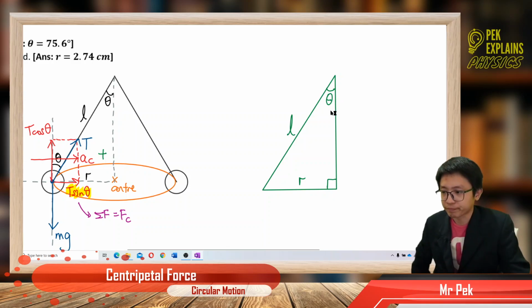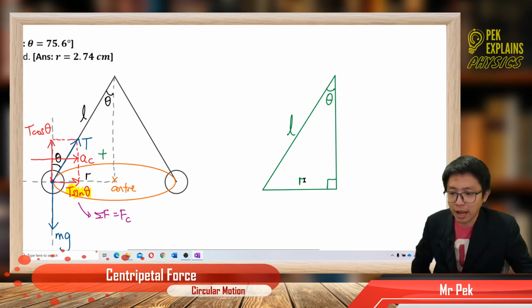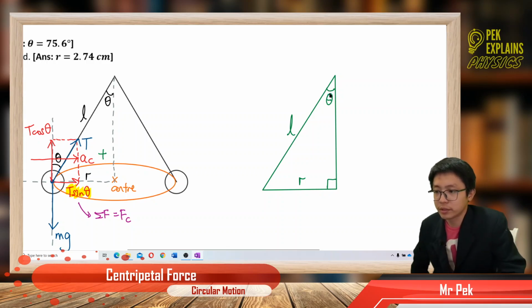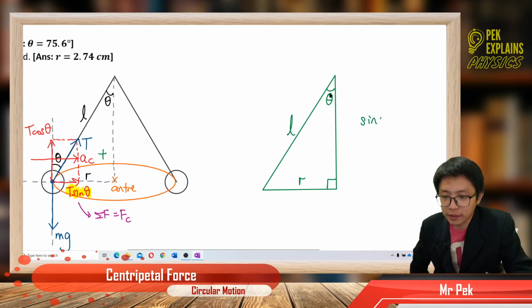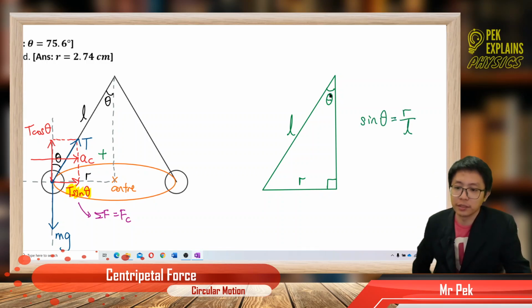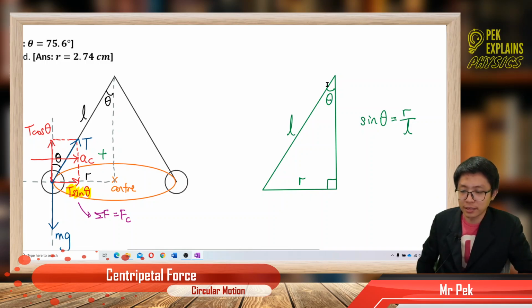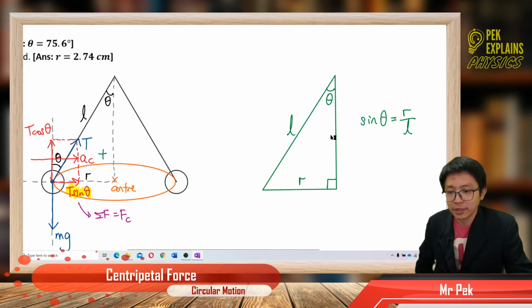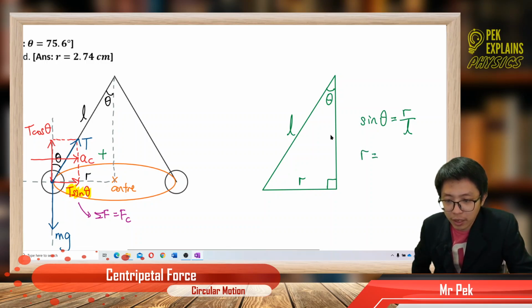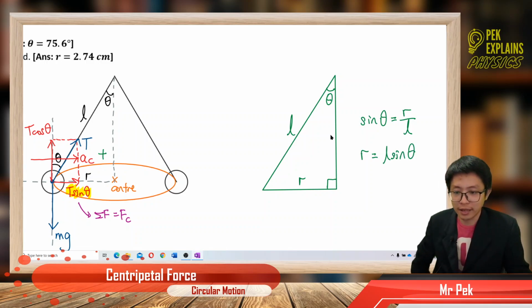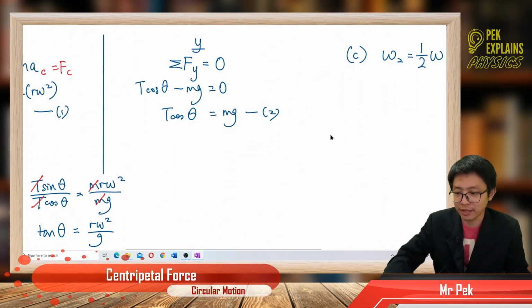So how? r is opposite theta, so we can use sine theta equals opposite divided by hypotenuse, which is r divided by L. That's it. So we got our r: r is L sine theta.